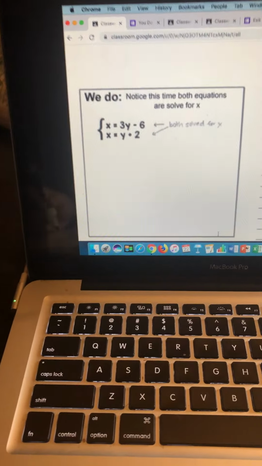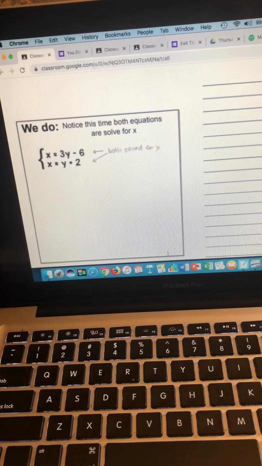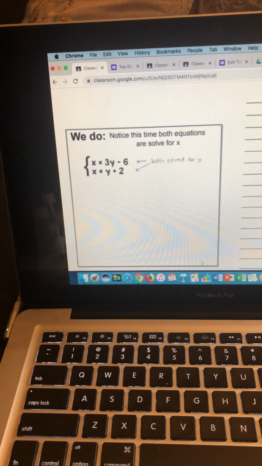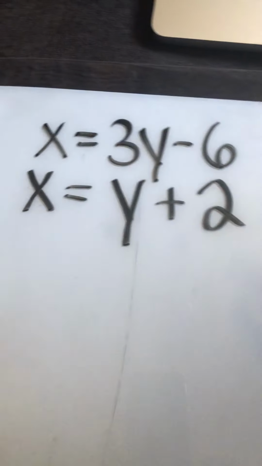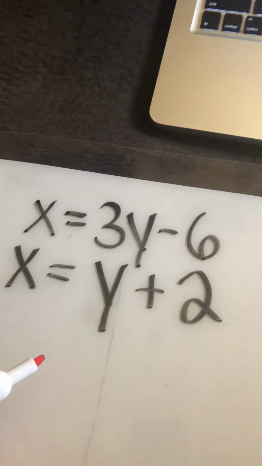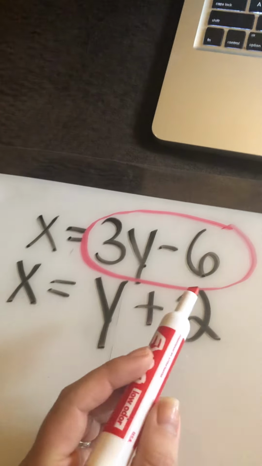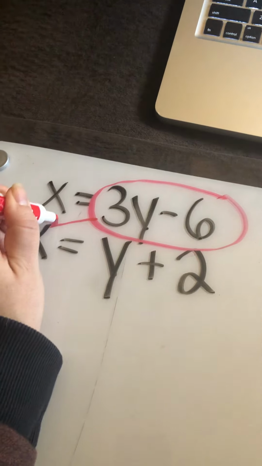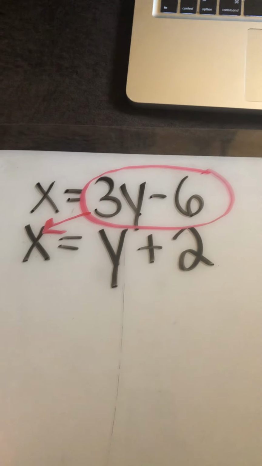So we have x equals 3y minus 6, and we have x equals y plus 2. Okay, so here's our system. We're going to do the same thing. I'm going to pick one of what the x equals. So I'm going to pick the top one. I'm going to say, okay, if x equals 3y minus 6, then I'm going to substitute that in for x in my second equation, since that's what x equals.